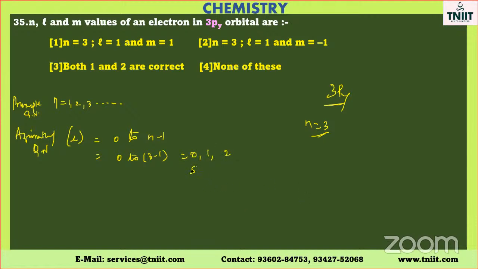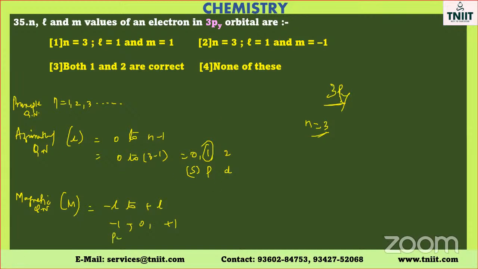If l is 0, it is s sub shell. If l is 1, it is p sub shell. And l is 2, it is d sub shell. Now, the next is the magnetic quantum number, represented by letter m. It has a value from minus l to plus l. When we say p, this is minus 1, 0, plus 1. Now, they're asking py.